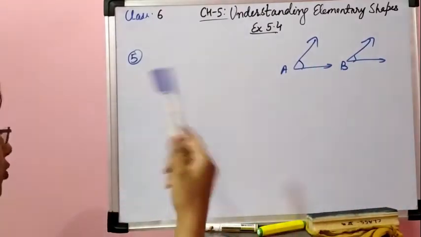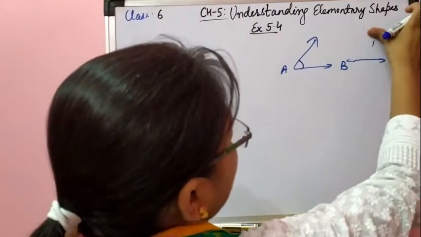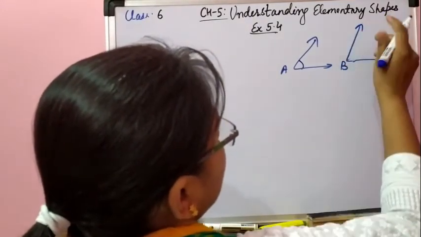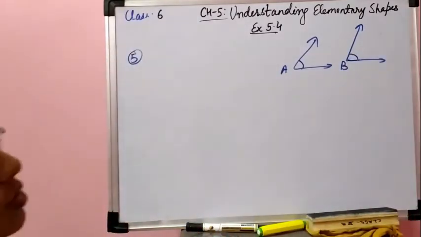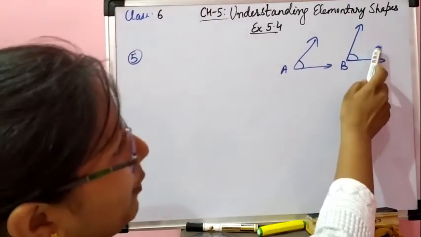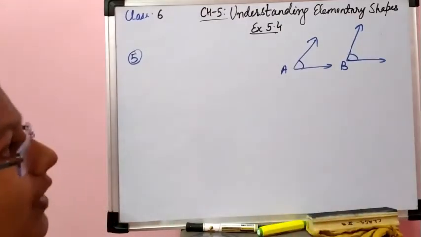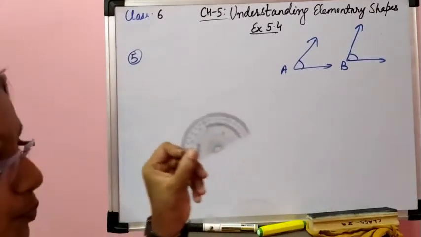If you watch it, I have not made the diagram correctly as per the textbook. Okay, yes, this is a diagram. So by observation, which angle is greater for us? For me, angle B is more. Now I can verify it by measuring them individually by using this protractor.